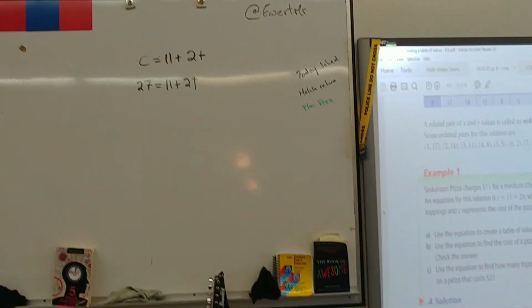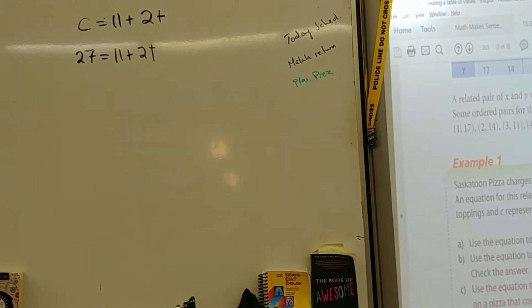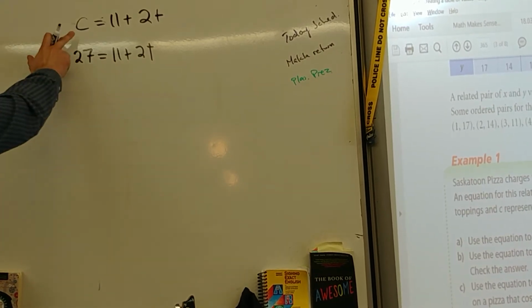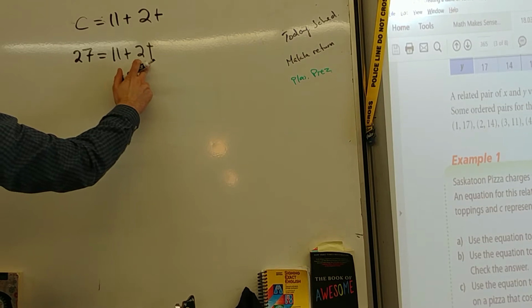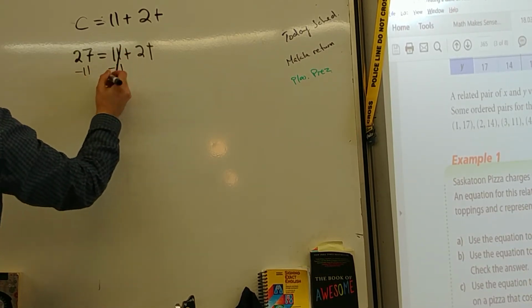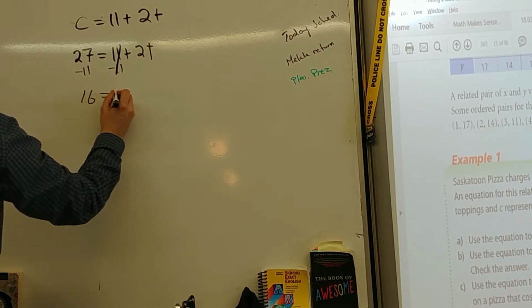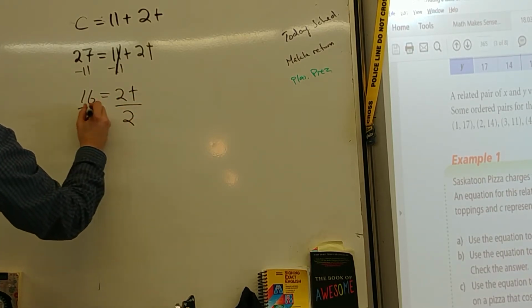So let's focus in on balancing that equation. If the cost is 27, and the pizza costs 11, how many toppings? I want to find out T. Well, let's get T on its own. That cancels. Now I have 2 times T. I need to get it on its own.